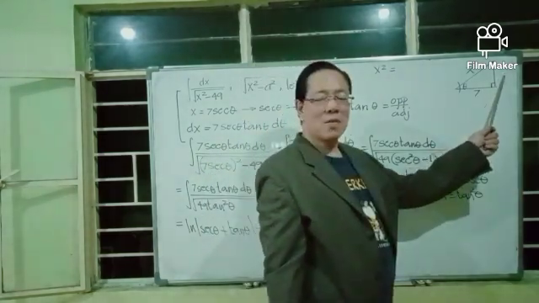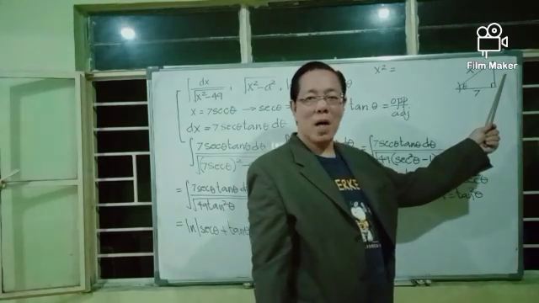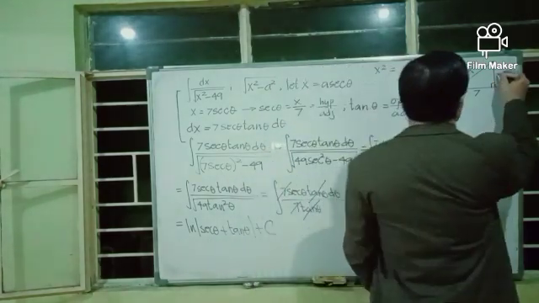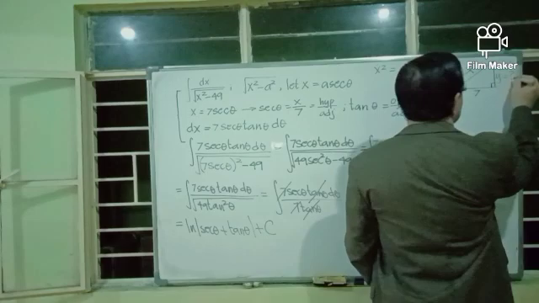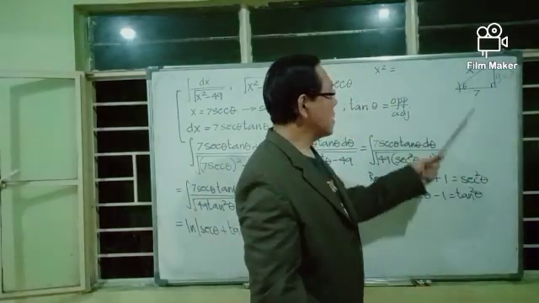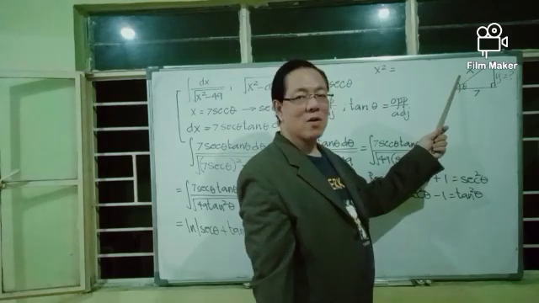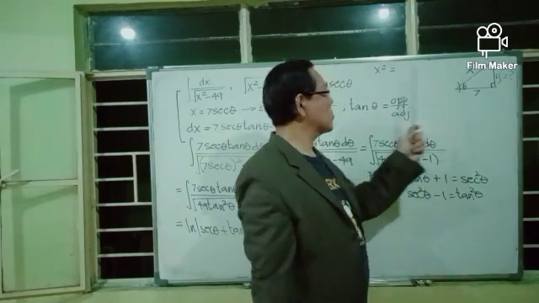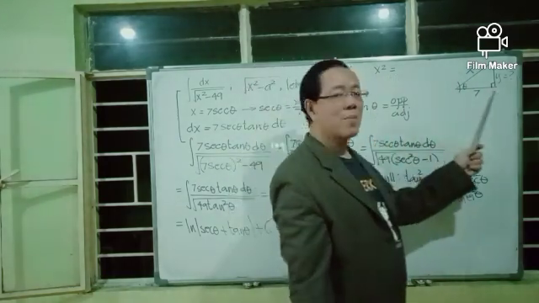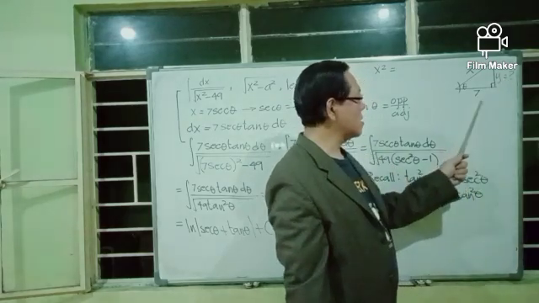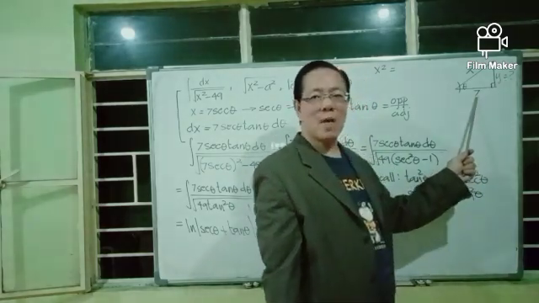The opposite side, which I will denote by y, plus the square of the adjacent side 7. Again, by the Pythagorean theorem, x squared is equal to y squared plus 7 squared.